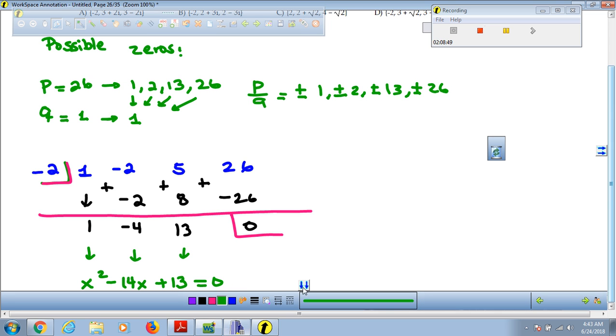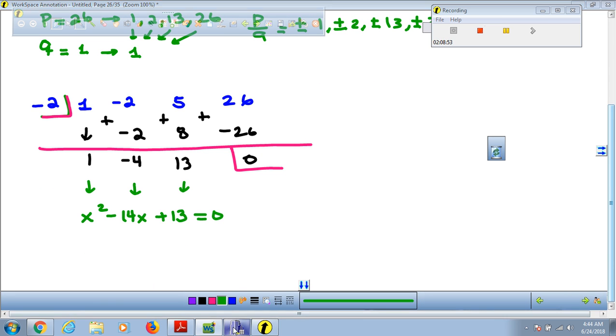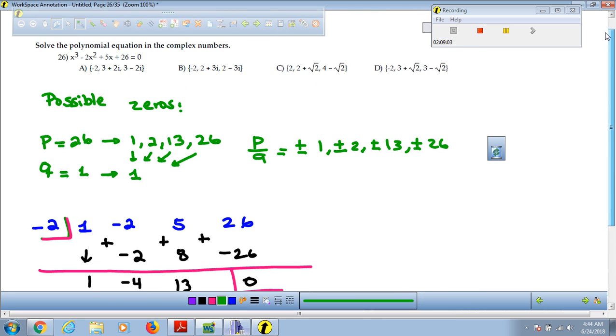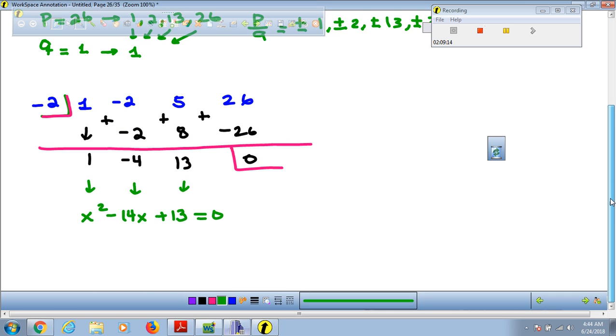Now you see here on the graph it only looks as if there is one x-intercept, a real x-intercept. The answers that I have in the answer choices are complex numbers. Look at these answers. So all of them have the -2, right? -2 comma, -2 comma. So I need to figure out the other complex ones.